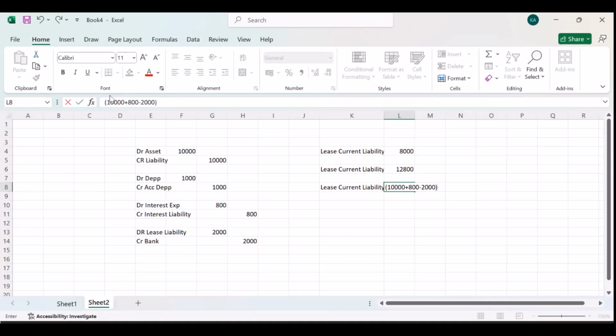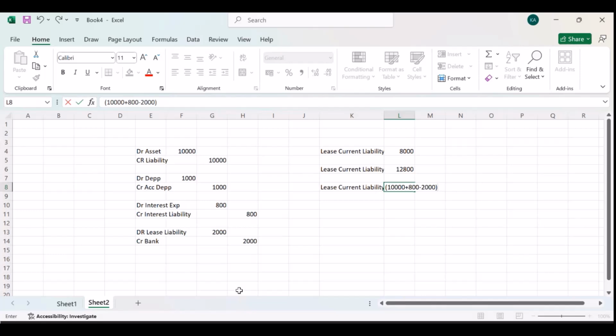So what do I get? 8,800. 8.8 will be my lease liability.